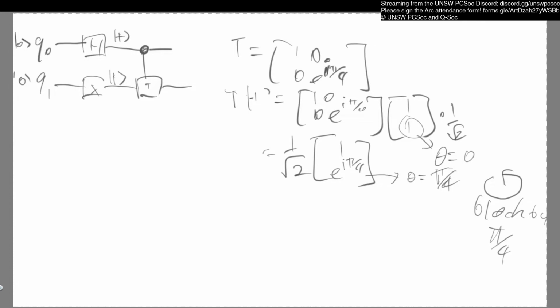Okay? So whenever Q0 is equal to 1, then Q1 phase should be rotated anti-clockwise by pi over 4. So do we see that happen? So yep. So yet again, step 1, step 2.